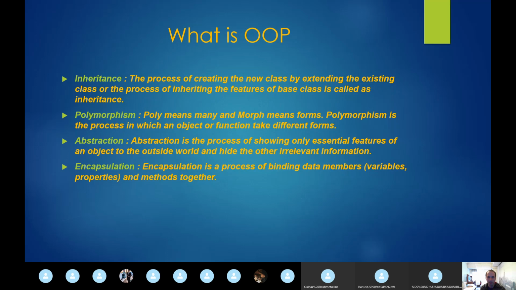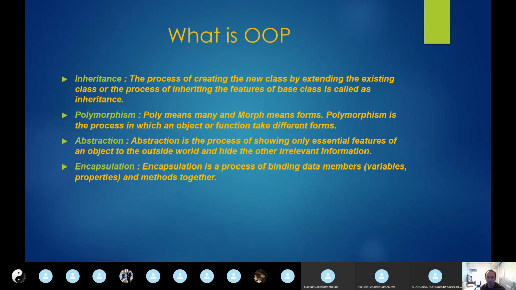So we have the base class. This is the initial class from which we create the inherited class that has more properties, plus the properties, fields and methods of the base class.